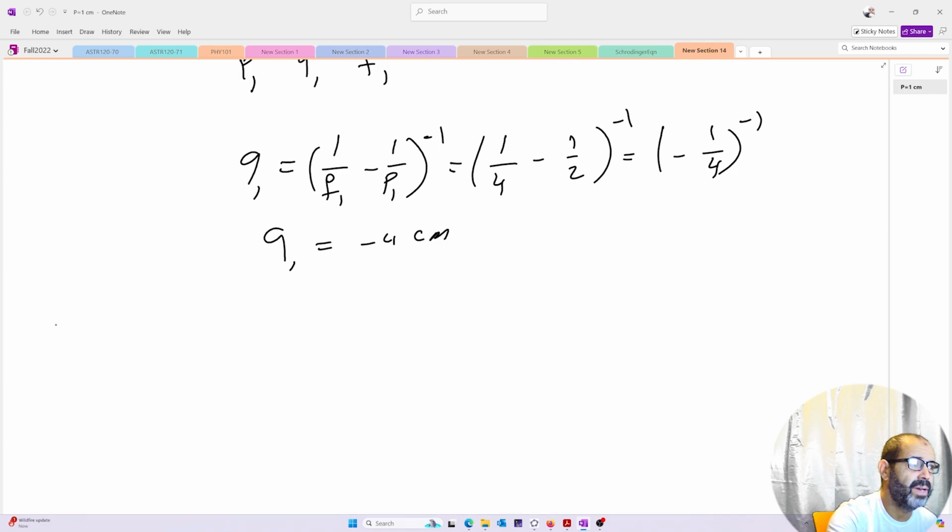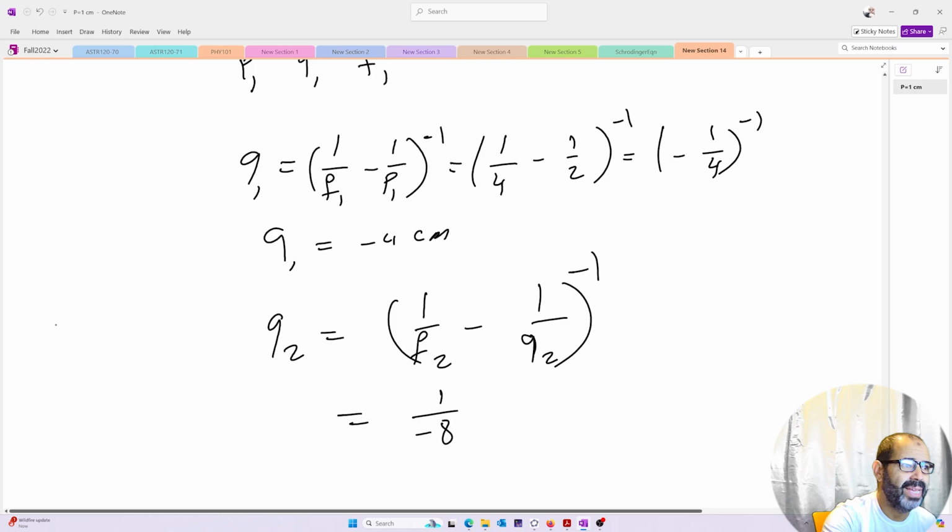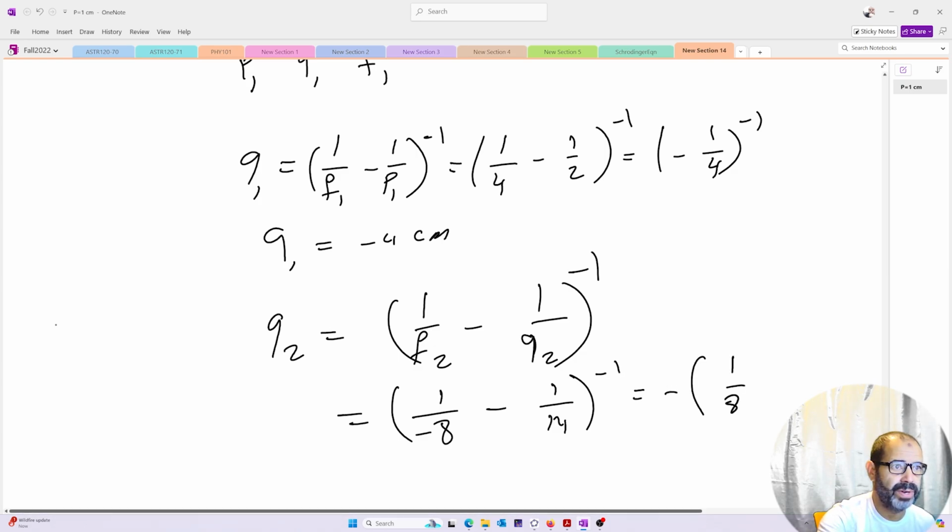Q2, which is the final image, by the way, is equal to 1 over F2 minus 1 over P2, and that is inverted again: 1 over -8 centimeters minus 1 over 14 centimeters. And this is inverted. The minus will come out, so it's going to be 1 over 8 plus 1 over 14, inverted.